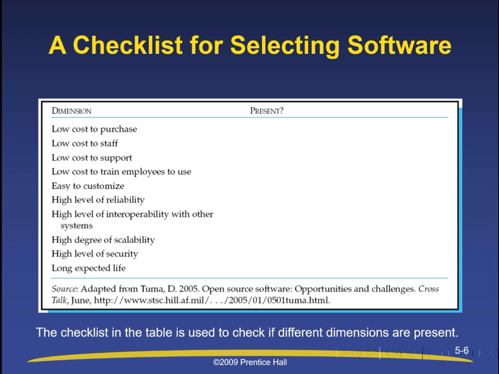So looking at the dimension column, we have low cost to purchase, low cost to staff, low cost to support, low cost to train employees to use, easy to customize, high level of reliability, high level of interoperability with other systems, high degree of scalability, high level of security, and long expected life. The checklist will then go through the list and determine if any of the dimensions are present or absent.